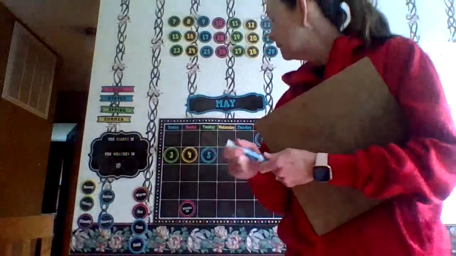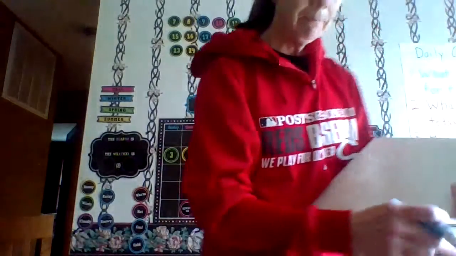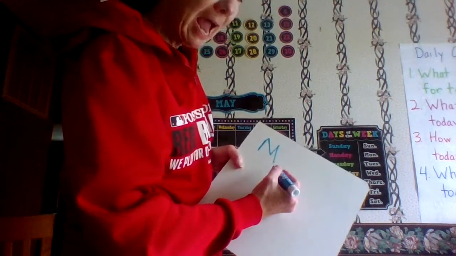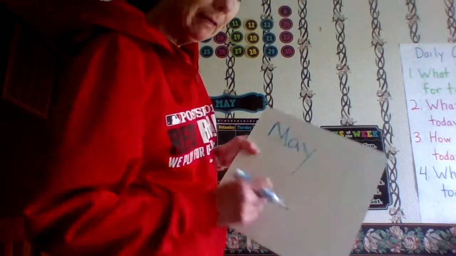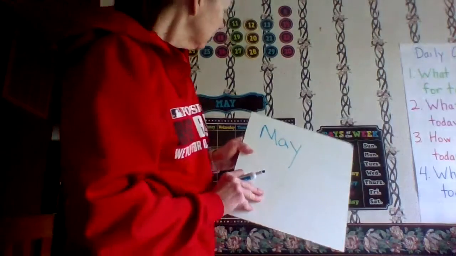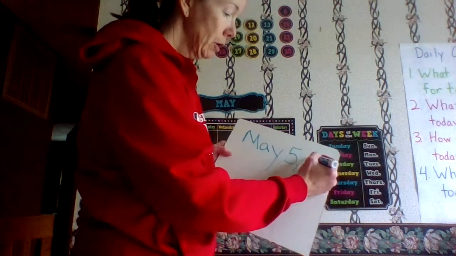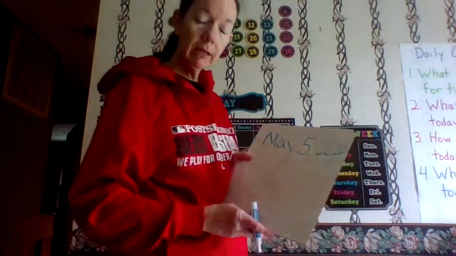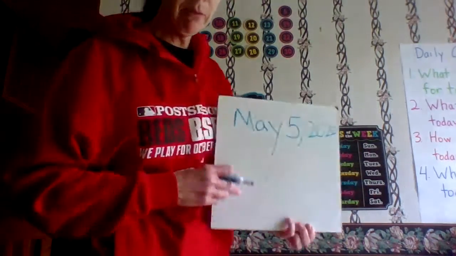Okay. So if we write the month, May, it's a short word. M-A-Y. May, M-A-Y. Today's number is 5, 2020. Or if we look at it, when we do the months, let's tally them to see what number we're on.